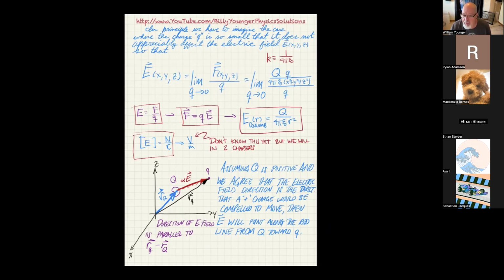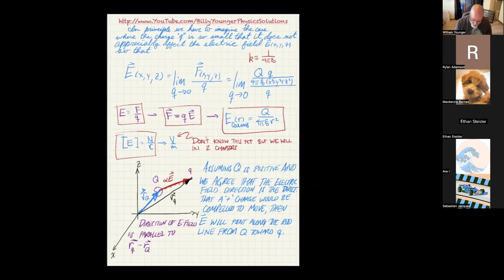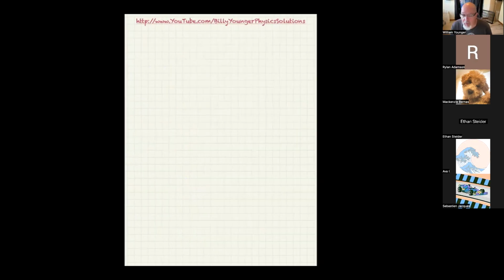All of that helps me make a vectorial form of Coulomb's law for the electric field. So I'm going to show you exactly what that is, and then we're going to use it. So what we know is that the electric field is given by Q over 4 pi epsilon naught R squared.